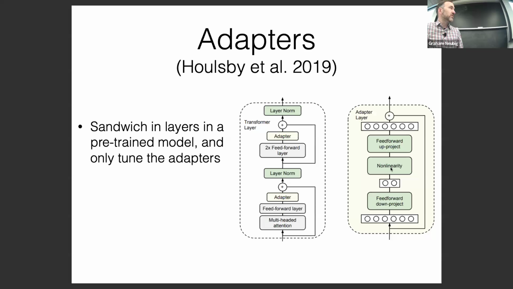And then you have a nonlinearity, and then you have a feed-forward up projection that projects it back to the standard space. And this is included within the residual layer here. And so ideally, this will project down from like 512 to something like 16, and then back up to 512.